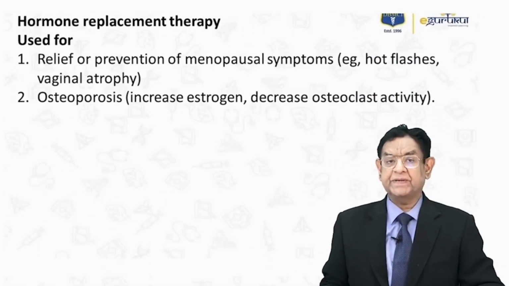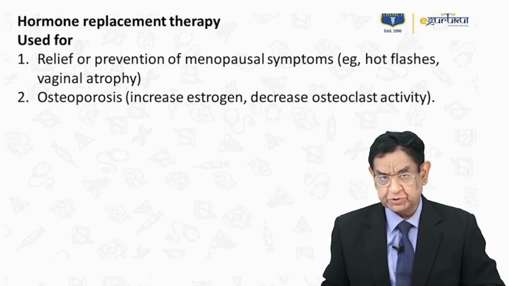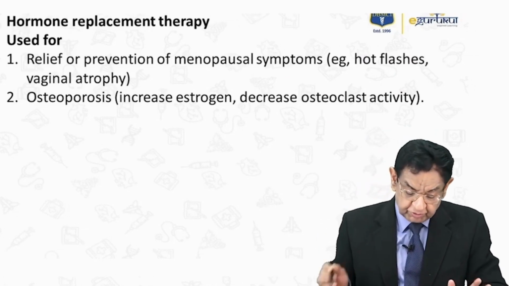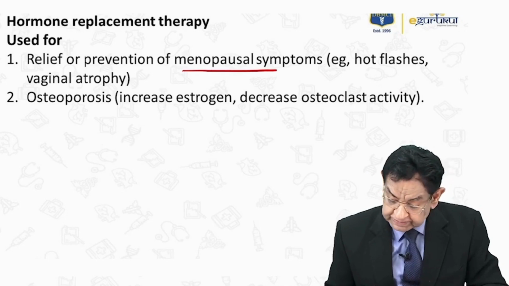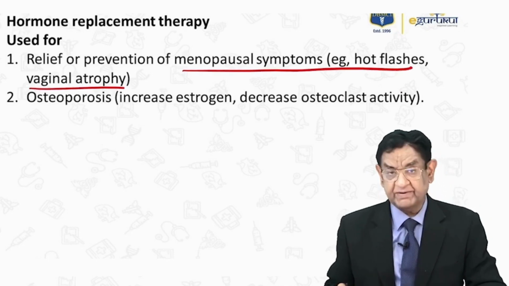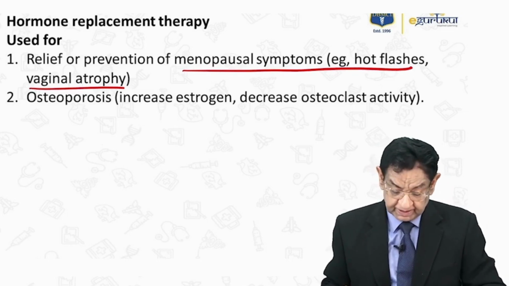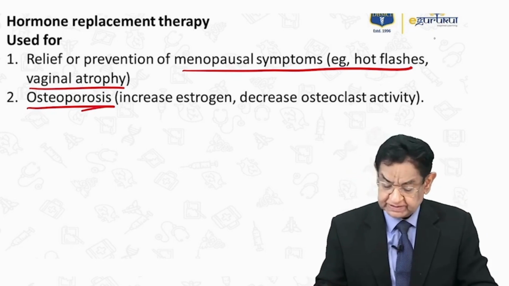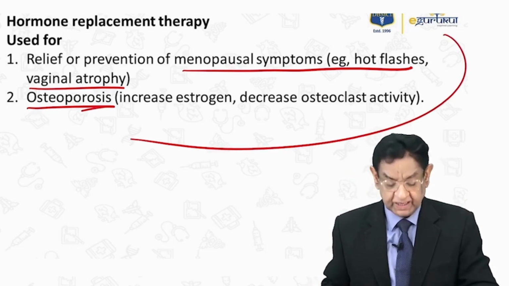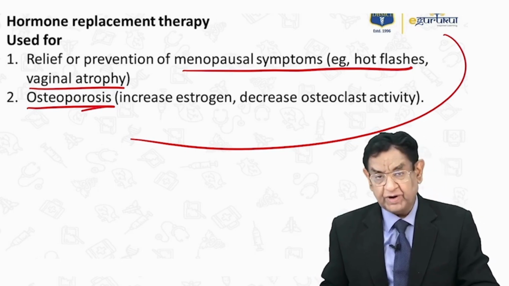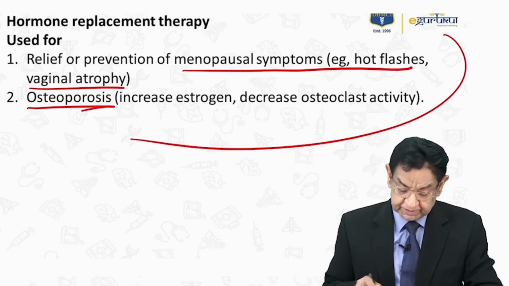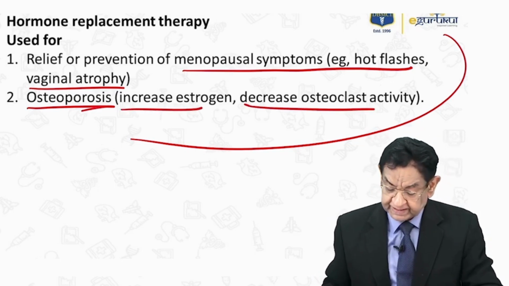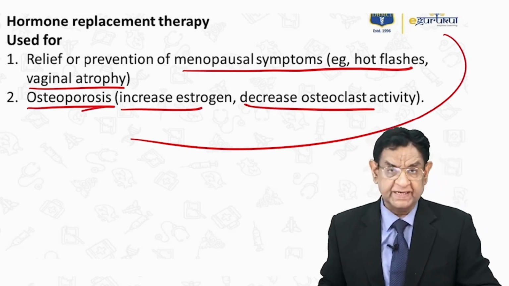Hormone replacement therapy is a very widely asked question throughout the world. We use it to prevent menopausal symptoms like hot flashes and vaginal atrophy, and osteoporosis, so there are two important uses. This is the universal question: why do we use it for osteoporosis? Because they increase estrogen and can decrease osteoclastic activity.